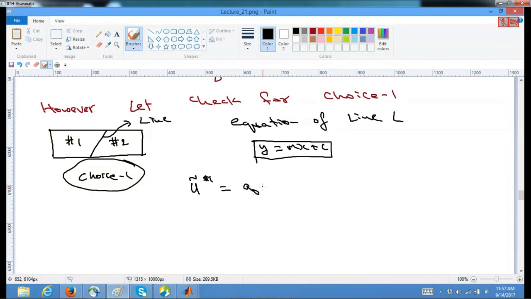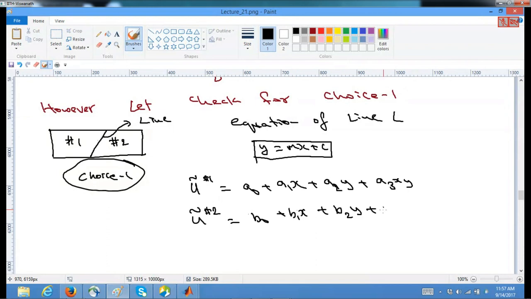Now I take my estimation from element 1, which is nothing but a naught plus a1 x plus a2 y plus a3 xy. Similarly, the estimation from element 2 is b naught plus b1 x plus b2 y plus b3 xy. Now wherever y is there, I'll substitute mx plus c.